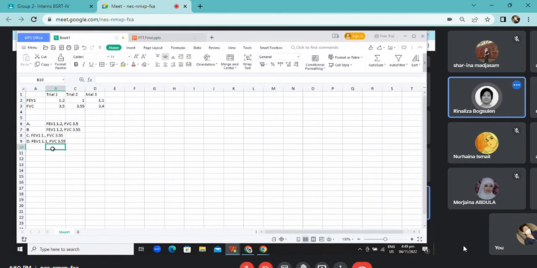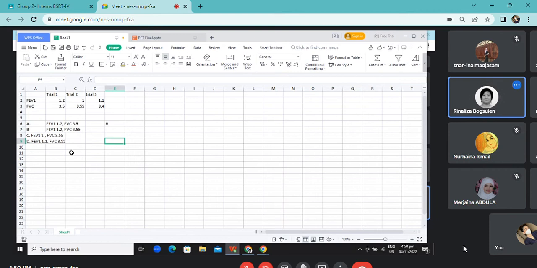Anong sagot dyan? What will you report as the best test? You will have letter B. May nagsabi letter B. Yung iba ay letter A. Ha? Letter A. Kasi yung trial 1. Yun, trial 1, trial 2.